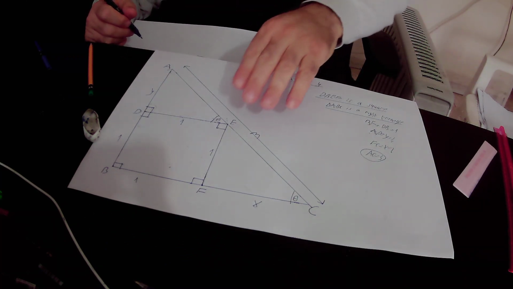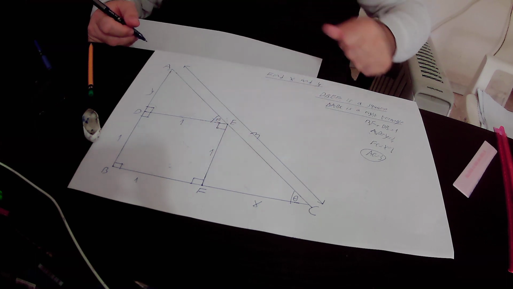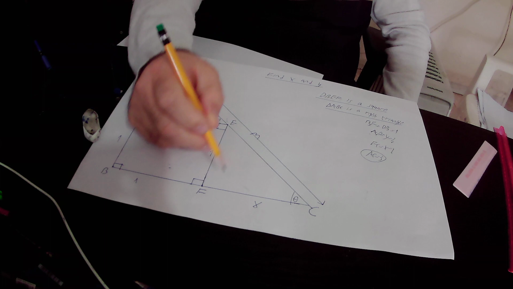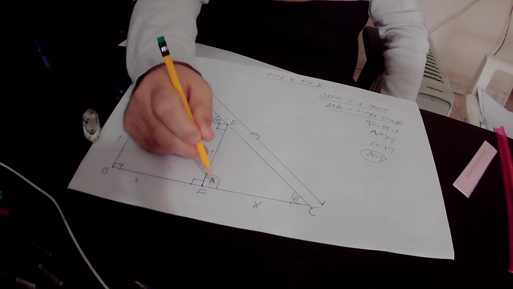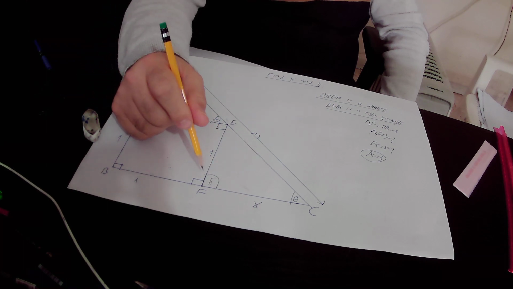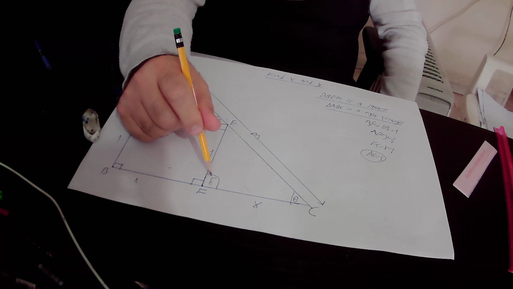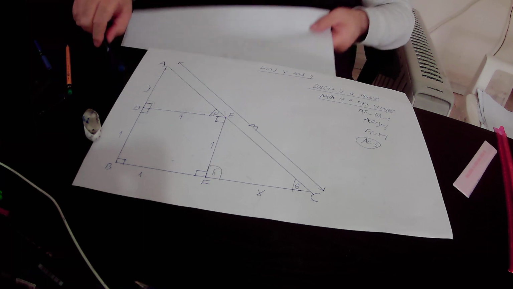So if we focus on the upper side of the straight line BC at point F, we define angle EFC as angle Y. Then the sum of the angles on the upper side of the straight line BC at point F must be equal to 180 degrees. That is to say, angle Y plus 90 degrees must be equal to 180 degrees.